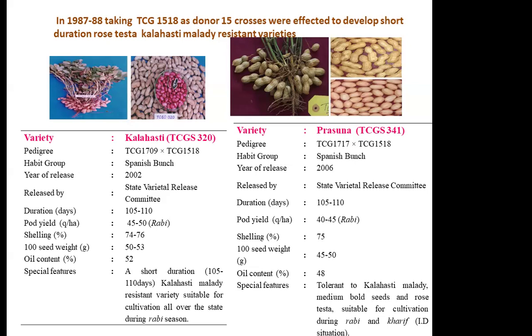This happens in infra-specific crosses that we are all working on now. We are making crosses between Spanish bunch and Virginia runner types only now. That clear distinction has also gone now.